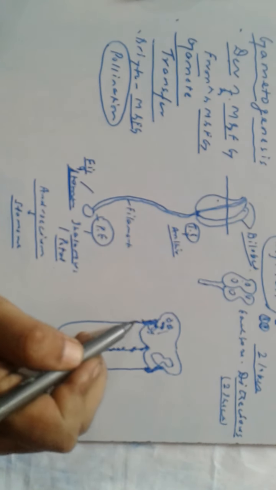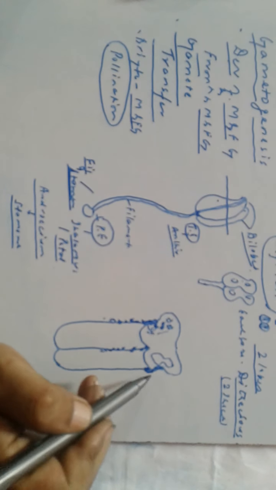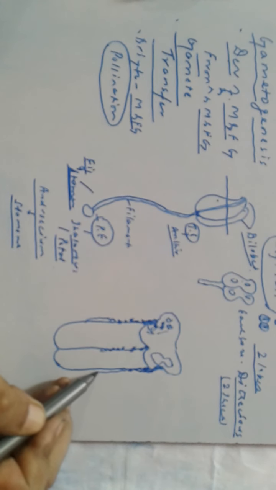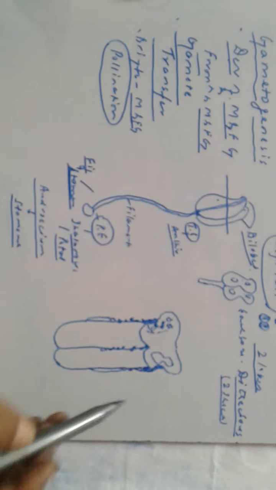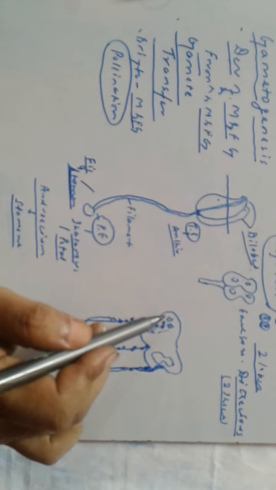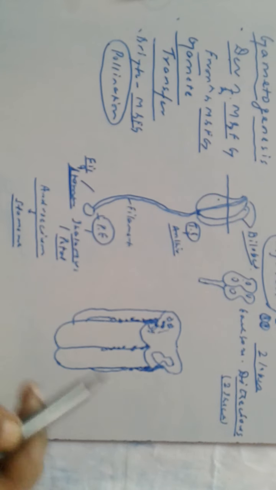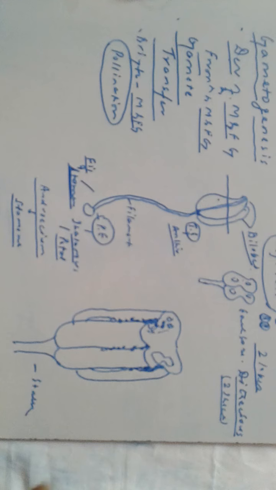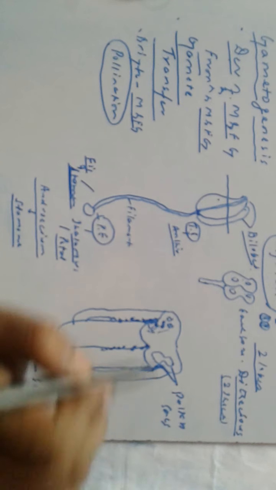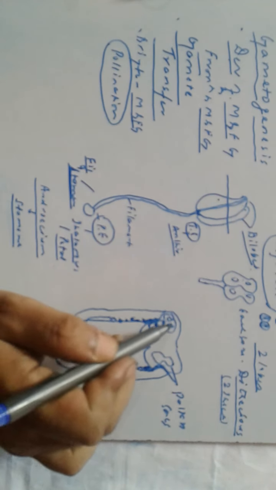This is the line of dehiscence of pollen grains. The pollen grains burst out and come through this particular path. And this is the stalk. These are pollen sacs which are filled with pollen grains.